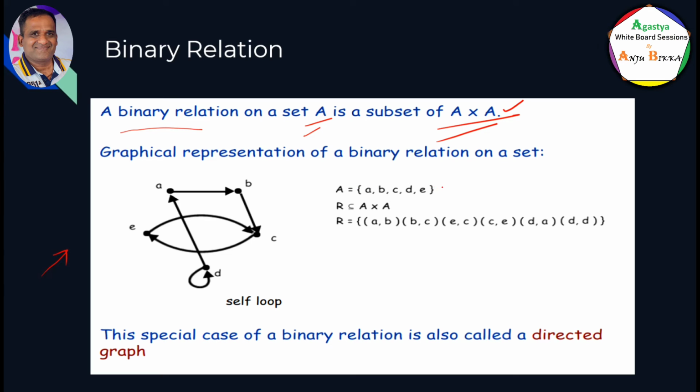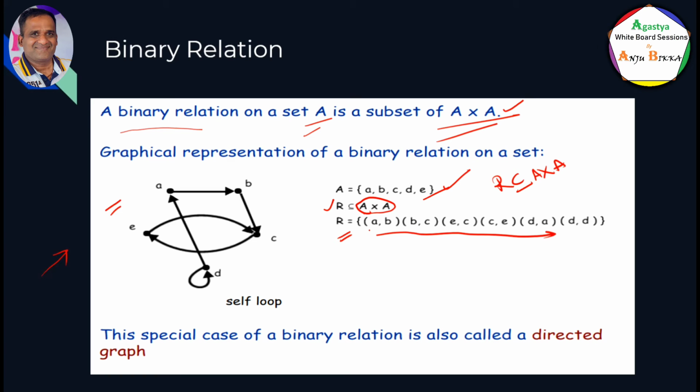Now this is set A with five elements: A, B, C, D, E. Then we have a relation R, which is a subset of A cross A. We are defining R as this relation, and this relation is going to be represented as a directed graph.